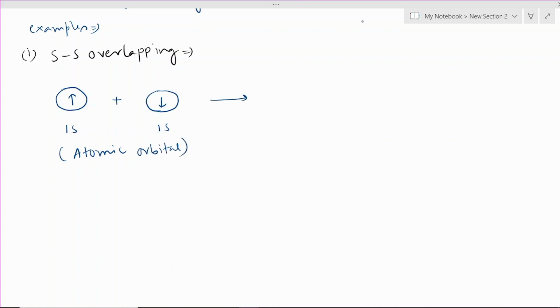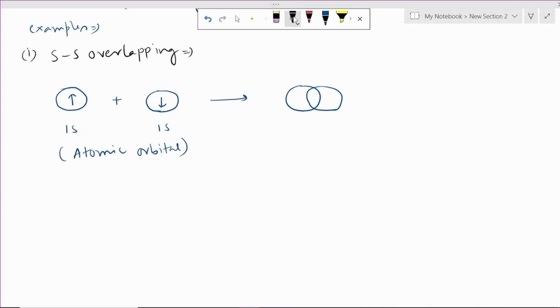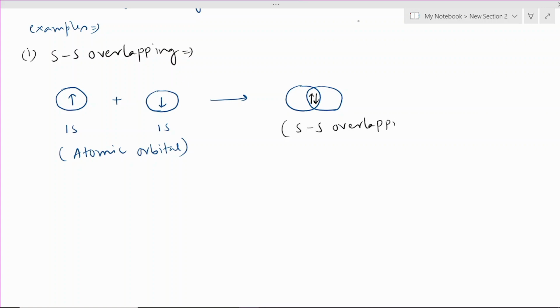If these two orbitals overlap head on, these are the two electrons, and this is called s-s overlapping. Head-on overlap takes place here, and this forms an s-s sigma bond.